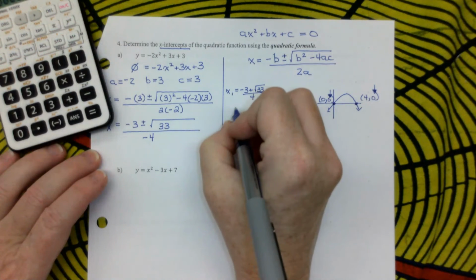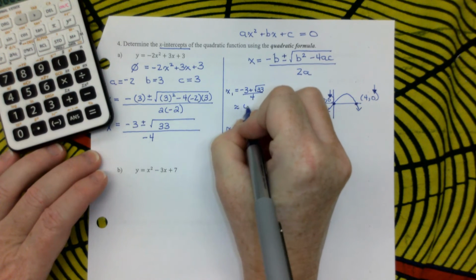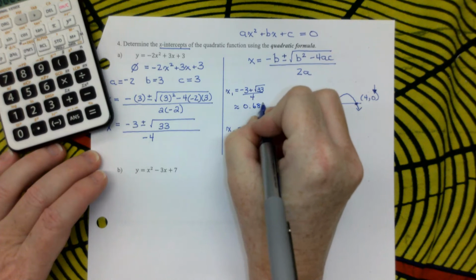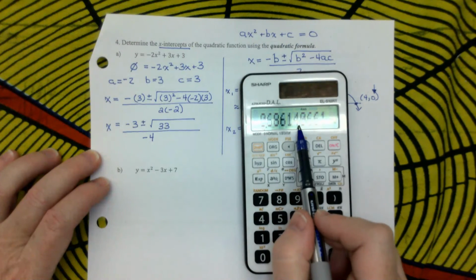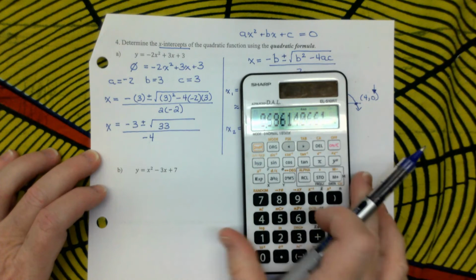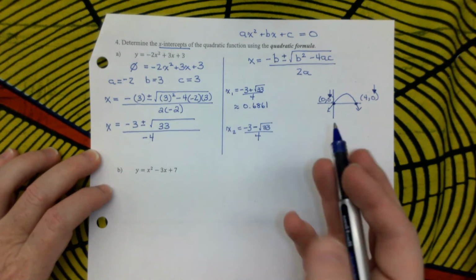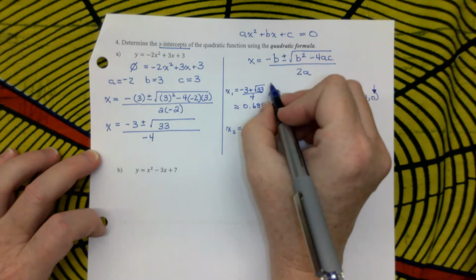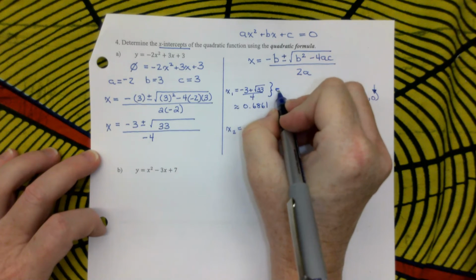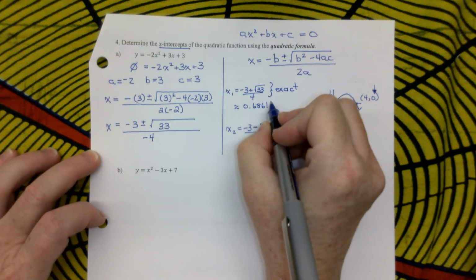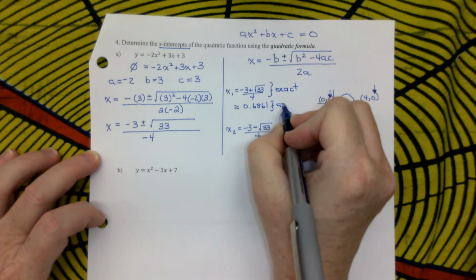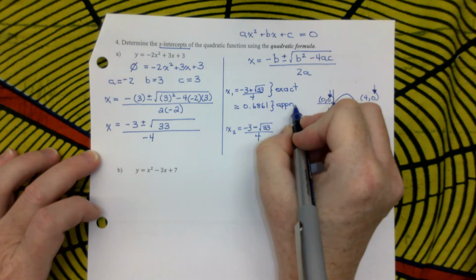So approximately equal to 0.6861. I've had to round it because it actually keeps going, so that means it's approximate. If it asks for exact roots, this would be exact because you haven't had to round it. This would be approximate. So be really careful about what the question is asking.